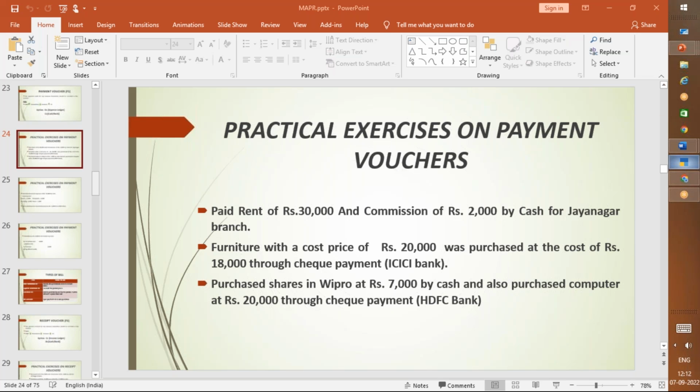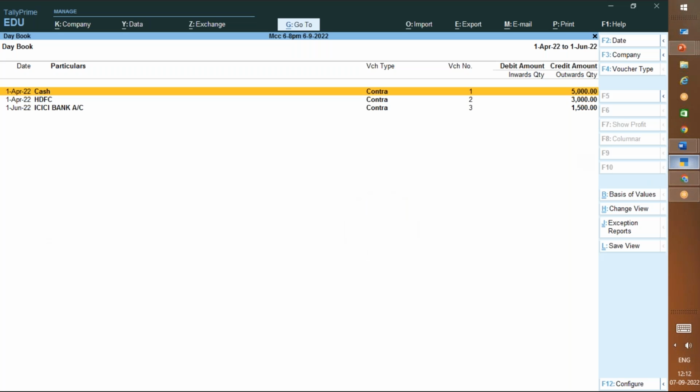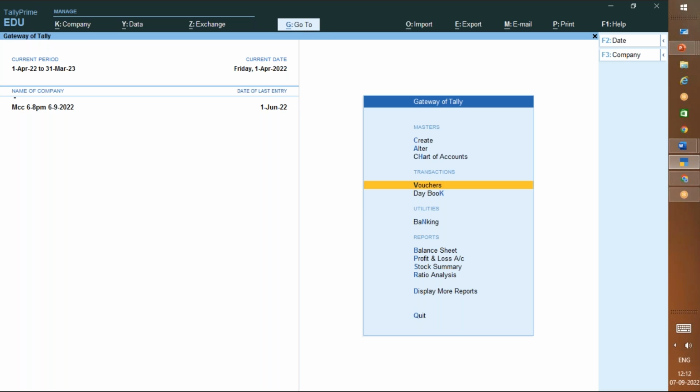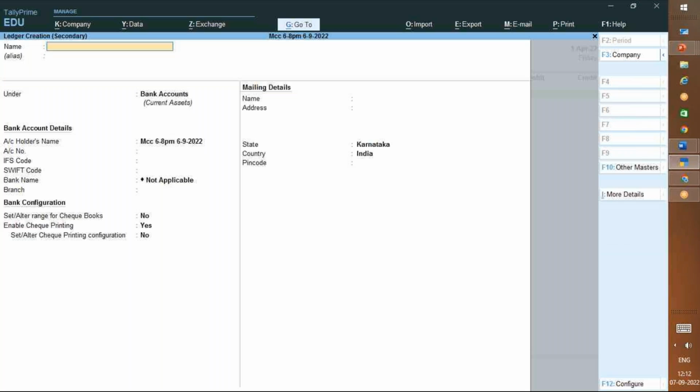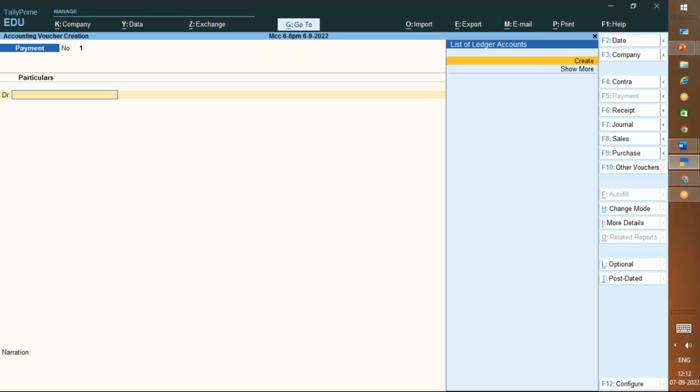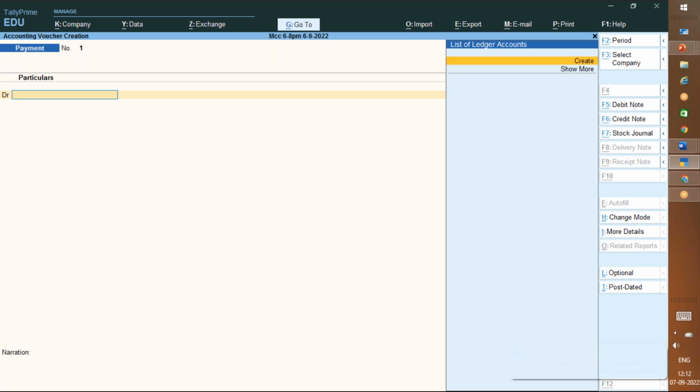So you go to vouchers, F5, payment voucher. As I don't have any ledgers here, you might have ledgers to your right. So first thing is commission and rent, correct? Alt C to create. You can just press create.